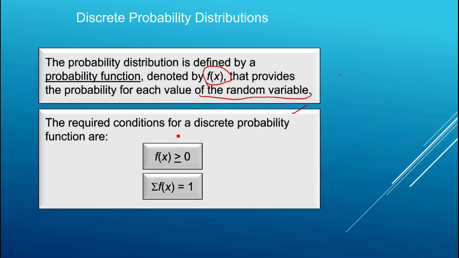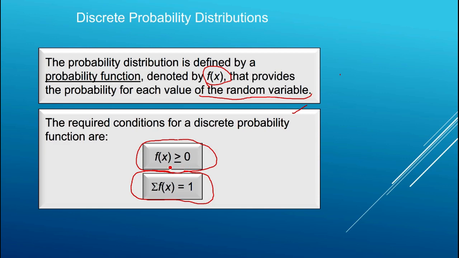The required conditions for assigning discrete probabilities will come as no surprise to you. First of all, the probability has to be greater than or equal to 0 for each value of x. And the sum of all the different values of f of x must sum to 100%. These are perfectly consistent with the rules for assigning probability that we discussed in the previous chapter.